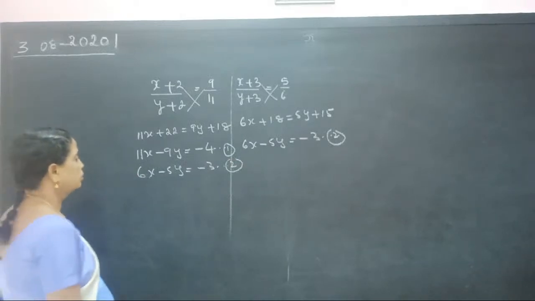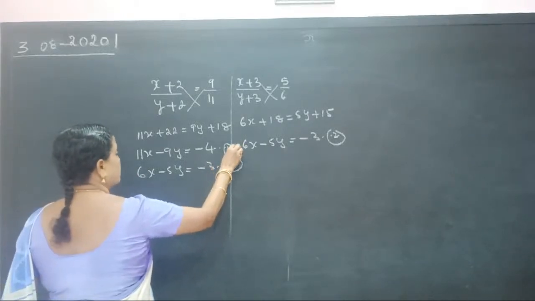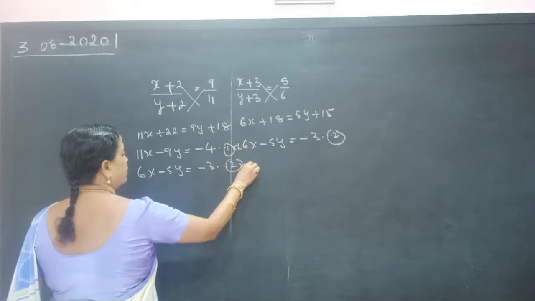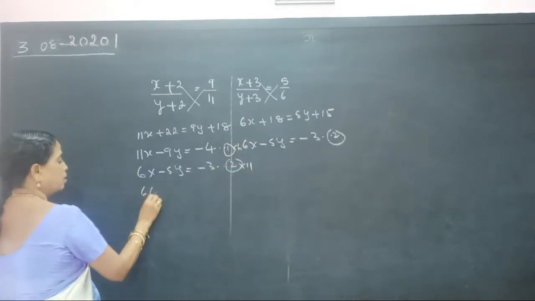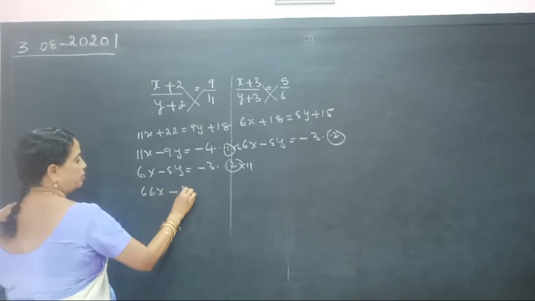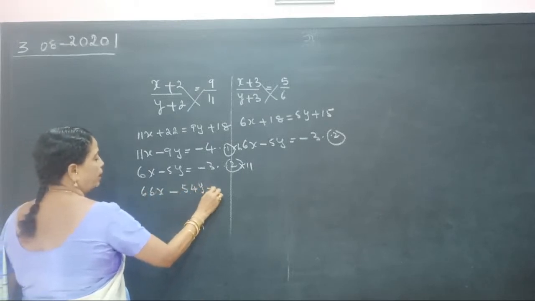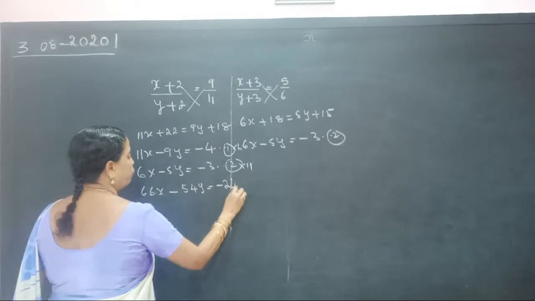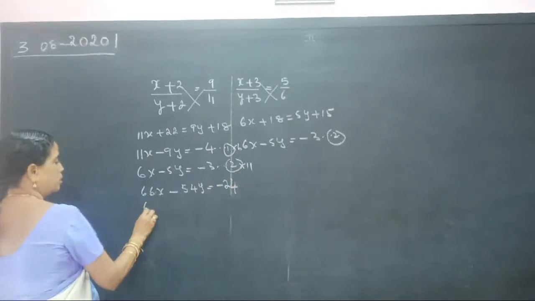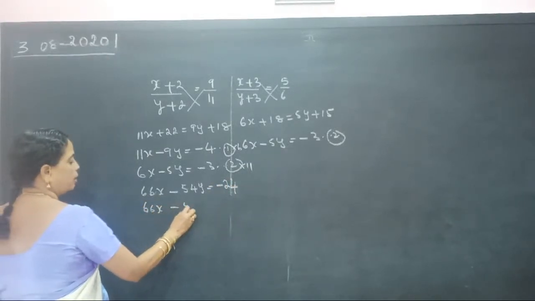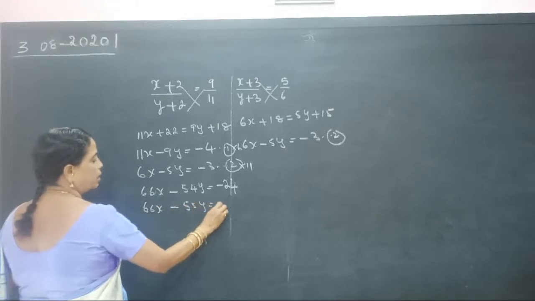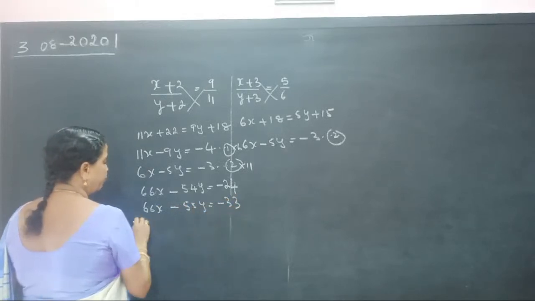So now I will multiply the first equation with 6, the second with 11. It becomes 66x minus 54y equals minus 24. Next, 66x minus 55y equals minus 33.